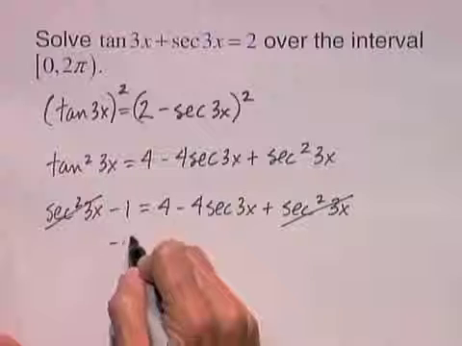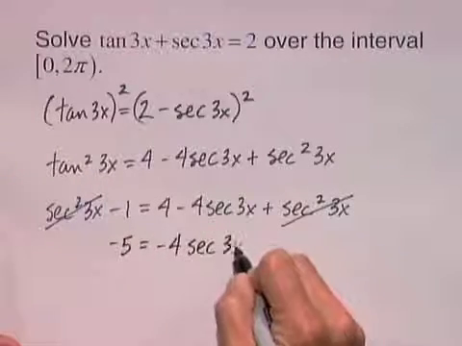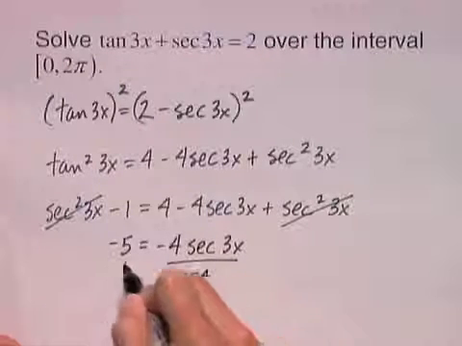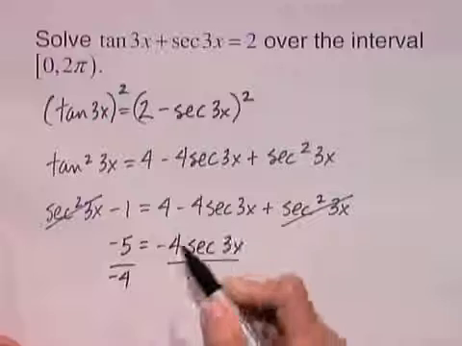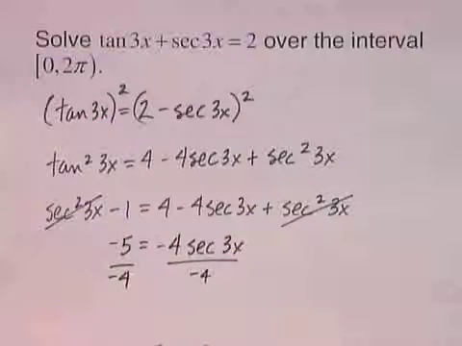That'll give me negative 5 equals negative 4 secant 3x. I'm going to divide each side of the equation by negative 4. I'll end up with secant 3x is equal to 5/4, and I'll want to continue from there.